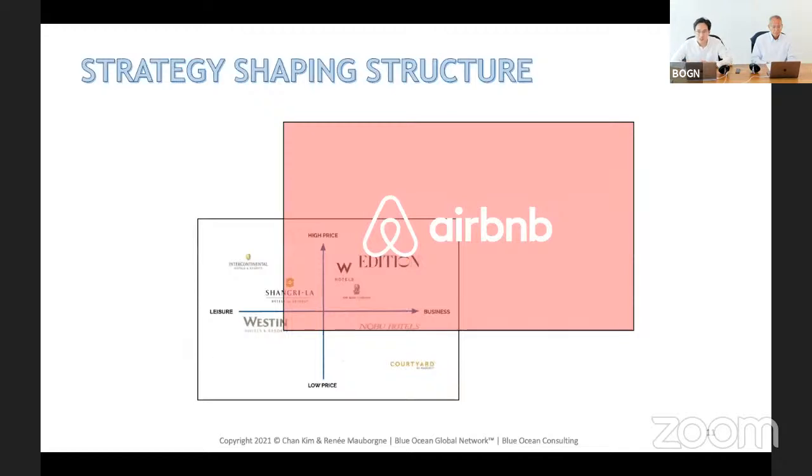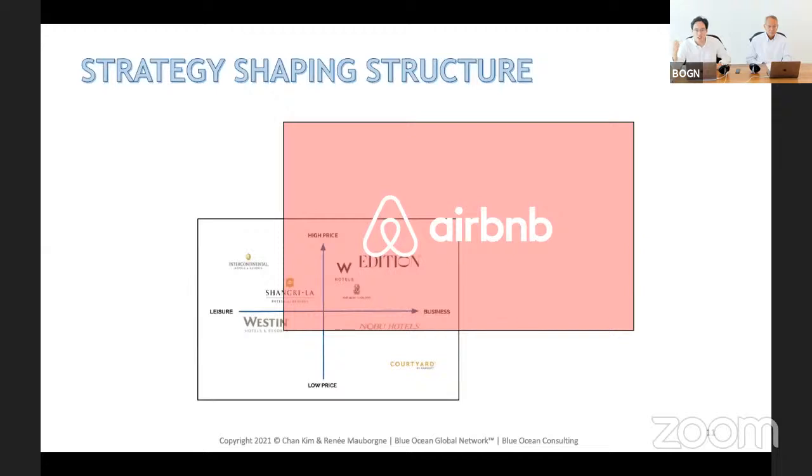And this is a lesson here in how, instead of structure shaping strategy, which is what we normally learn in MBA classes, strategy should or ought to shape industry structure or environmental structure.